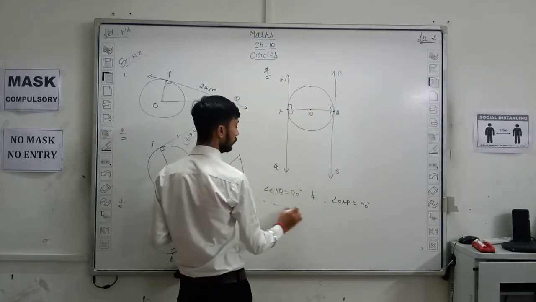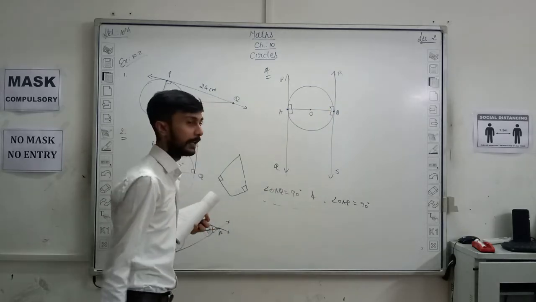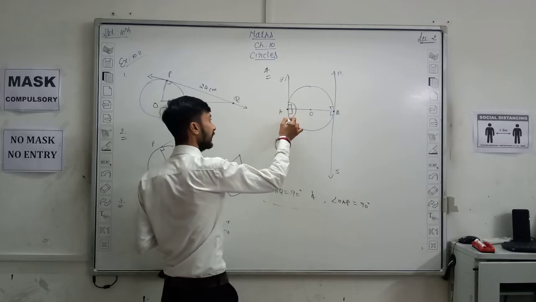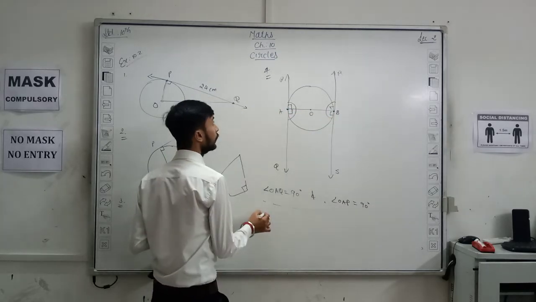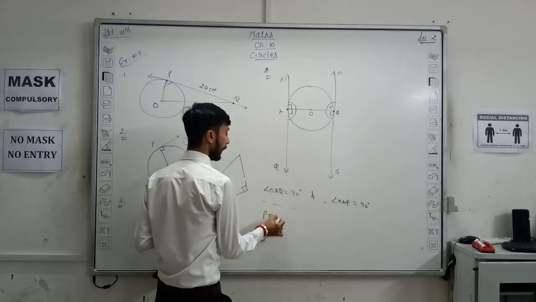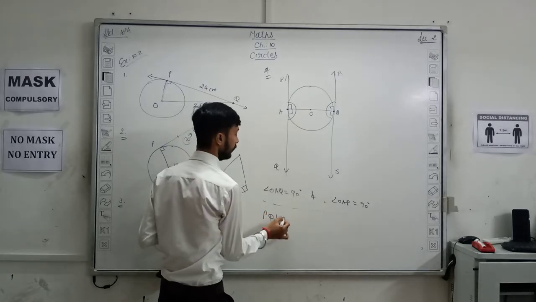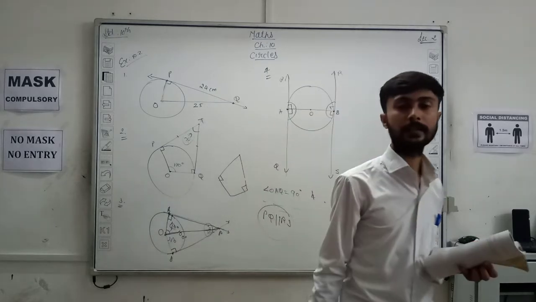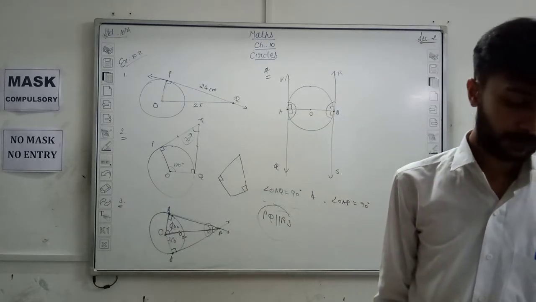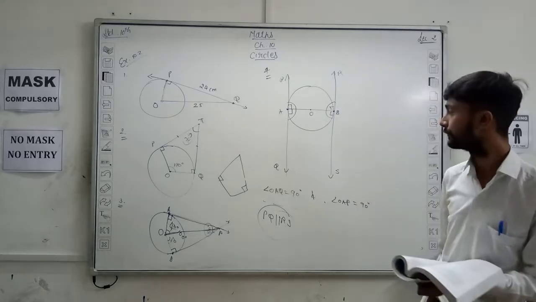Similarly, these two are also 90 degrees, and hence the sum of them is 180 degrees, and also here 180 degrees, and therefore PQ is parallel to RS. Proved. Simply, you write all these steps in words.